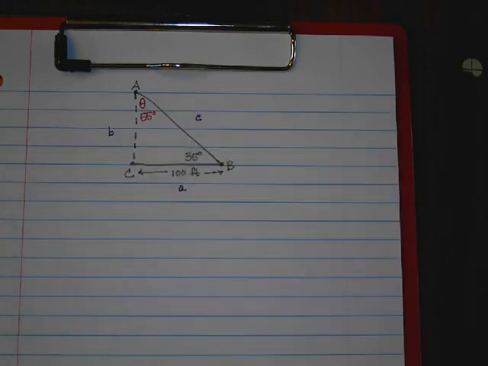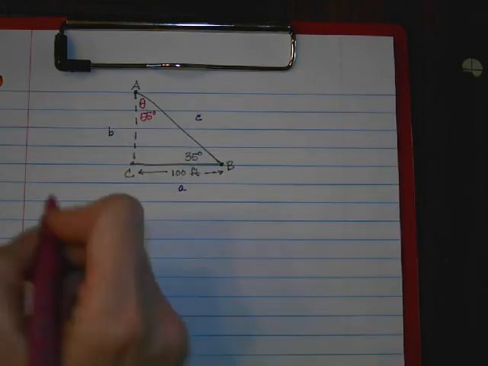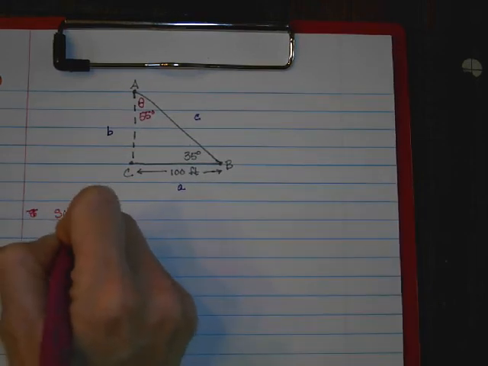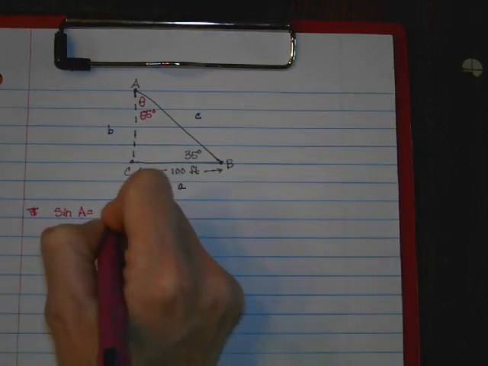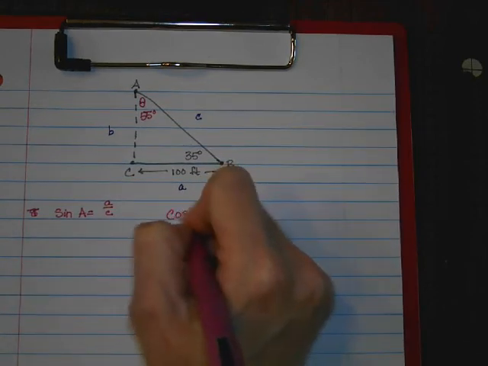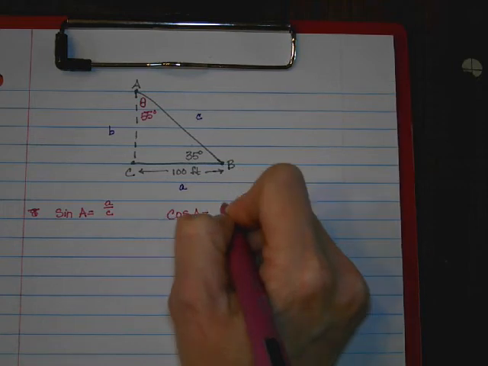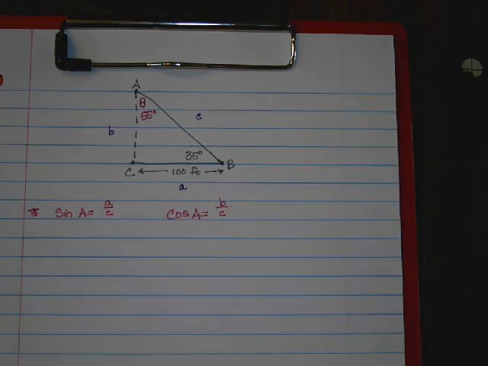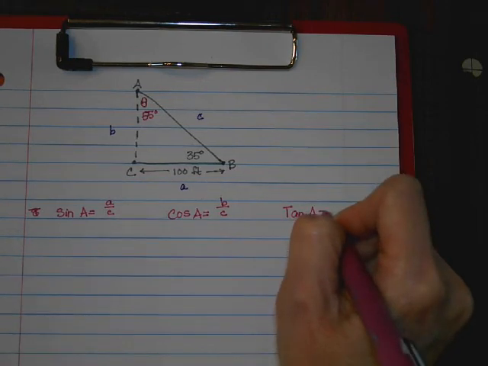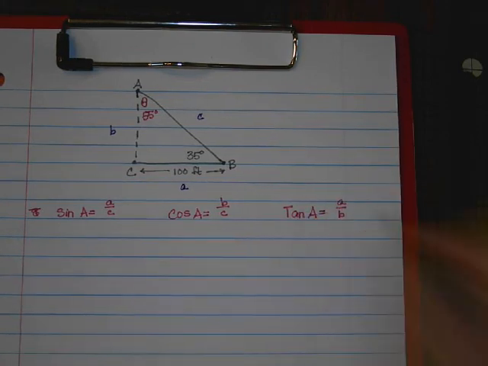Now we look at our ratios. We've got the sine of A equal to little a over little c. We've got the cosine of big A equal to little b over little c. And we have the tangent of big A equal to little a over little b.